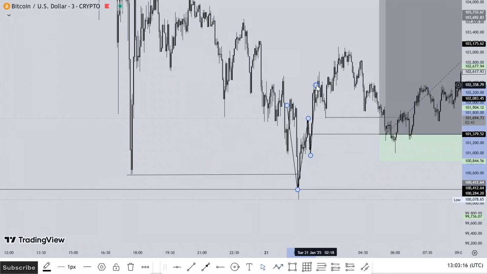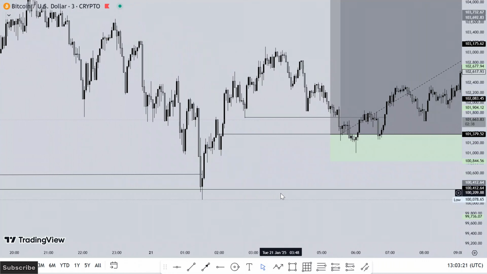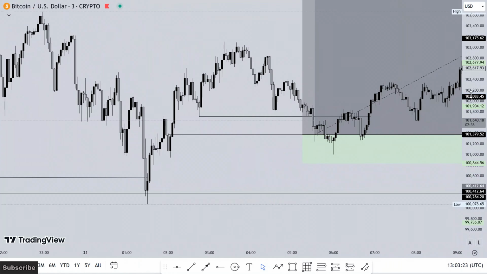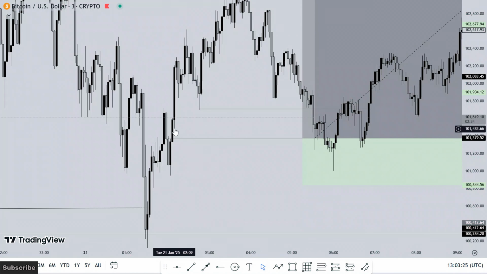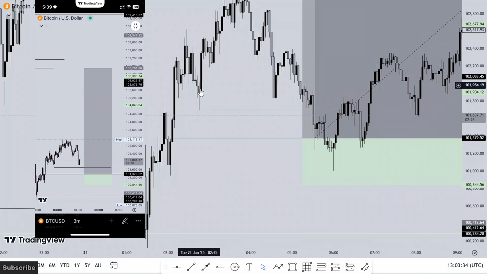So what I did was that I went down to the 3 minute time frame. Now in the 3 minutes time frame, you observe that there's a fair value gap here, and this was the last candle before the impulsive move to the upside. So this pullback of the upside, I took that as my inducement level, which is IDM.